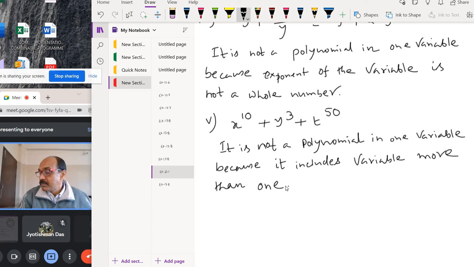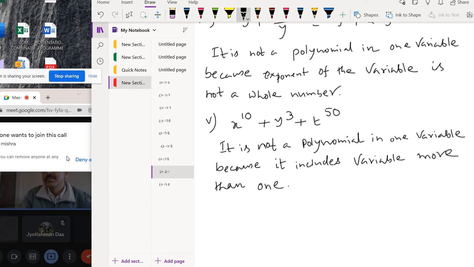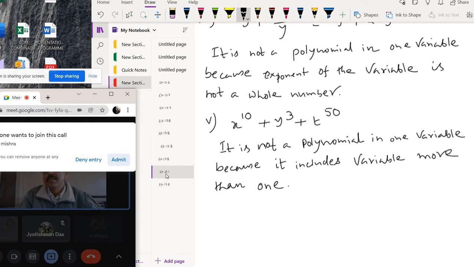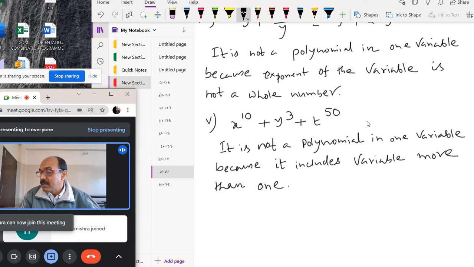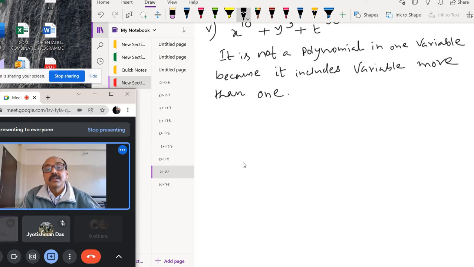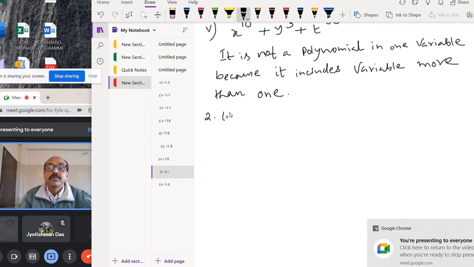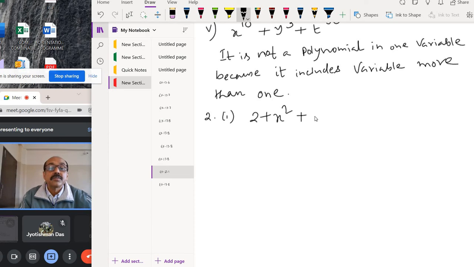Yes, sir. Next, see question number 2. Write the coefficient of x square in each of the following. Okay. So the coefficient of x square. First question: 2 plus x square plus x.